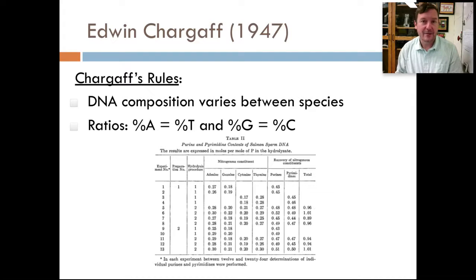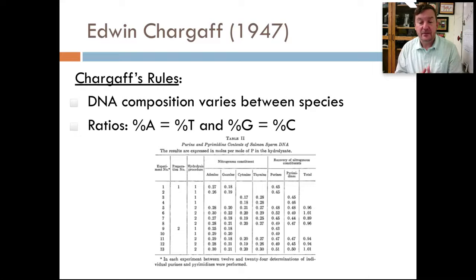In 1947, he published a paper that held that DNA composition, species to species, was different, because he was looking at the ratios of adenine, thymine, cytosine, and guanine among the different species. You can see a data table there at the bottom from salmon sperm that he looked at.